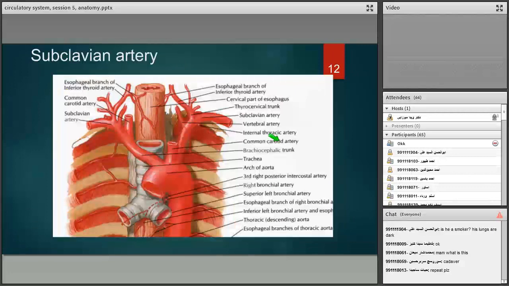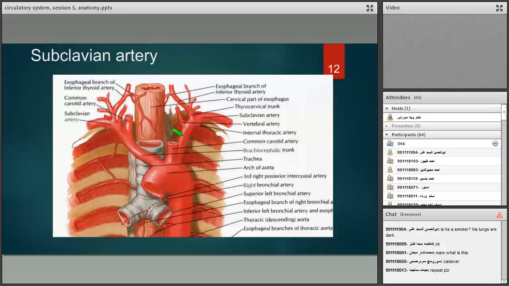Listen, please. If we look at the chest, we can see that the beginning part of the brachiocephalic trunk, it would be better to say the whole length of the brachiocephalic trunk, is placed inside the chest. But on the left side, we have the common carotid artery and left subclavian artery.